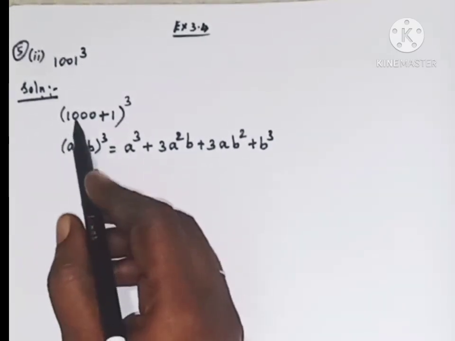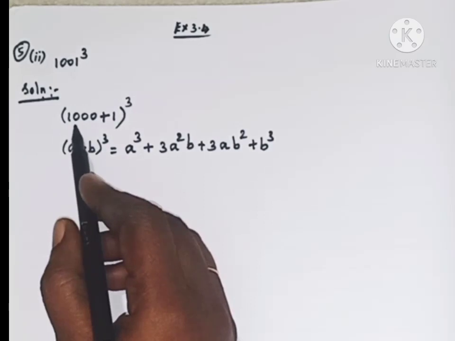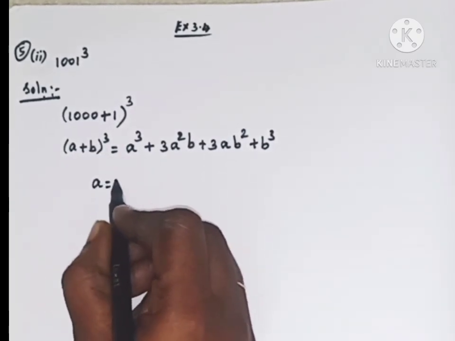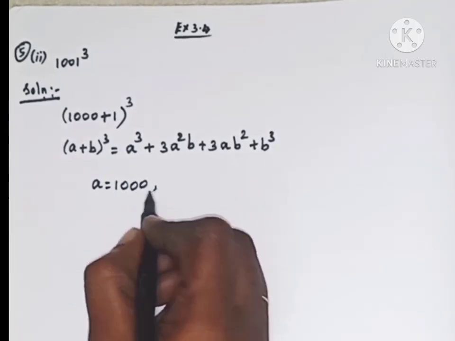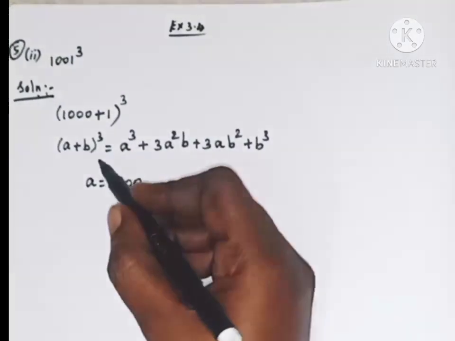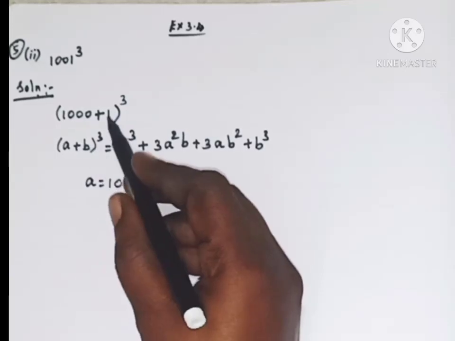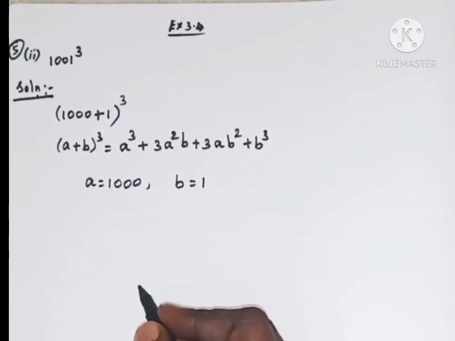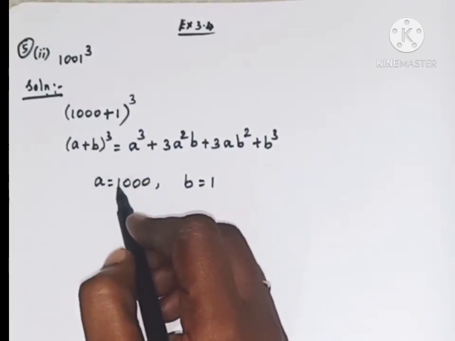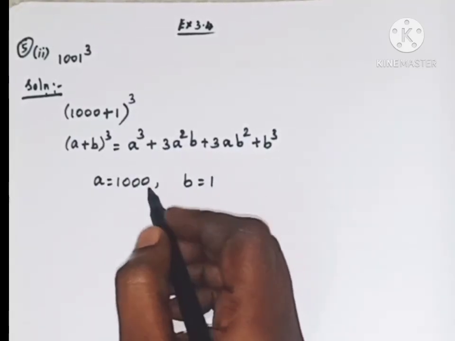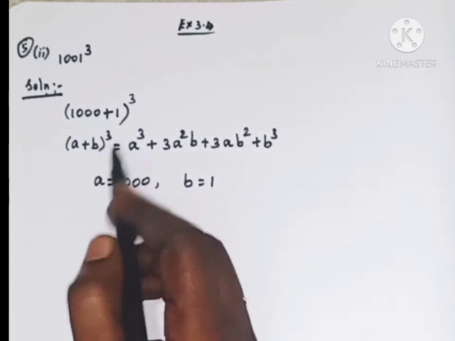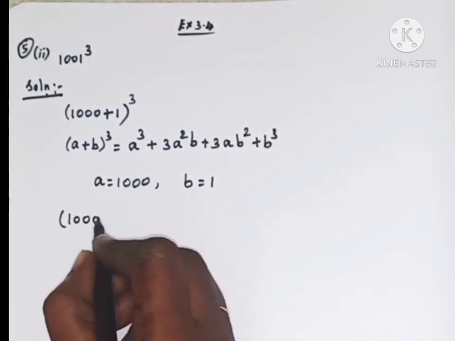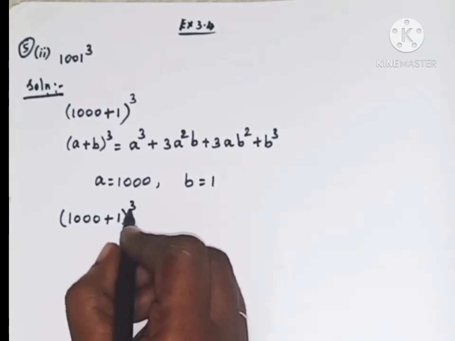Now in the problem, in the place of a we have 1000, so put a is equal to 1000, and in the place of b we have 1 here, so b is equal to 1. Now (a + b) the whole cube, so we can write (1000 + 1) the whole cube.